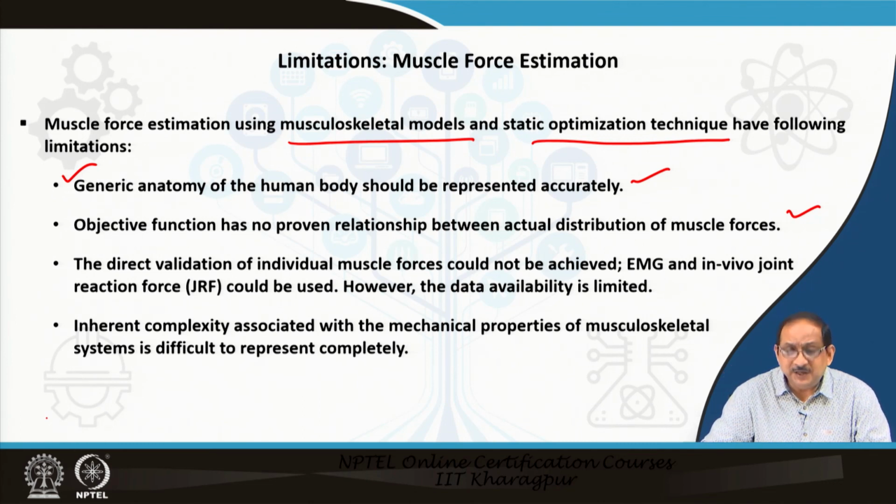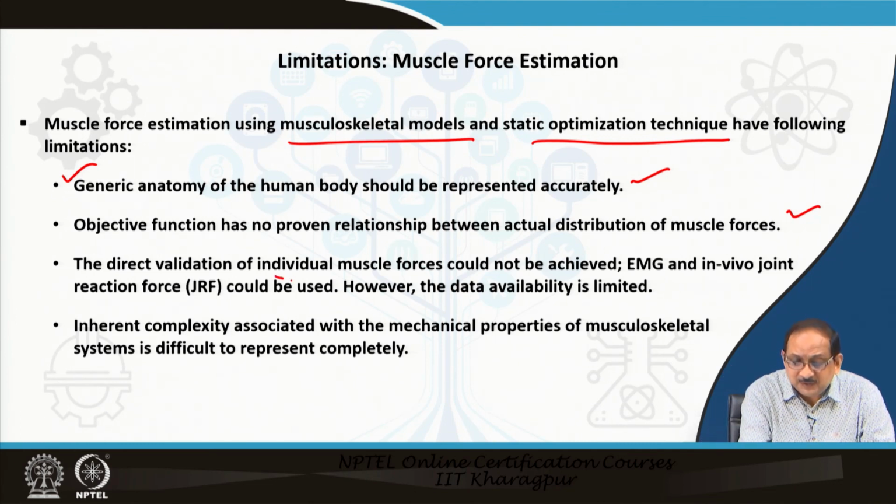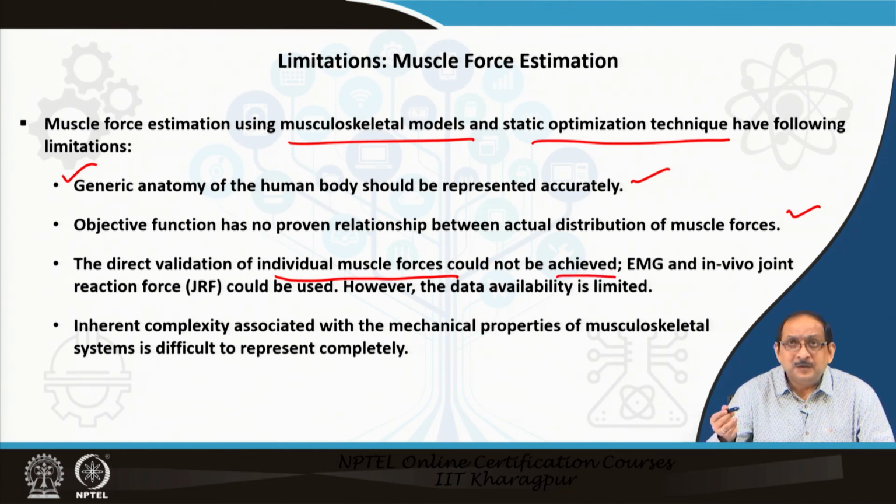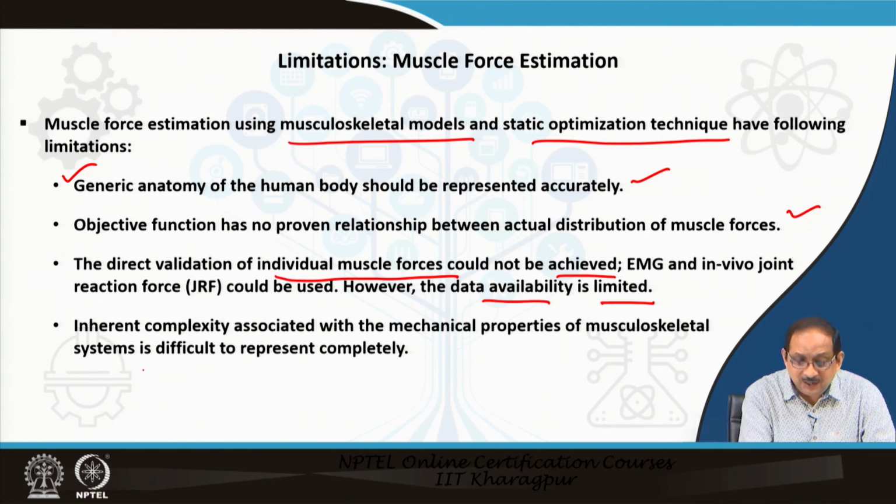The direct validation of individual muscle forces could not be achieved. EMG and in vivo joint reaction forces could be used for validation. However, generally the data availability is very limited. Inherent complexity associated with the mechanical properties of musculoskeletal systems is difficult to represent completely.